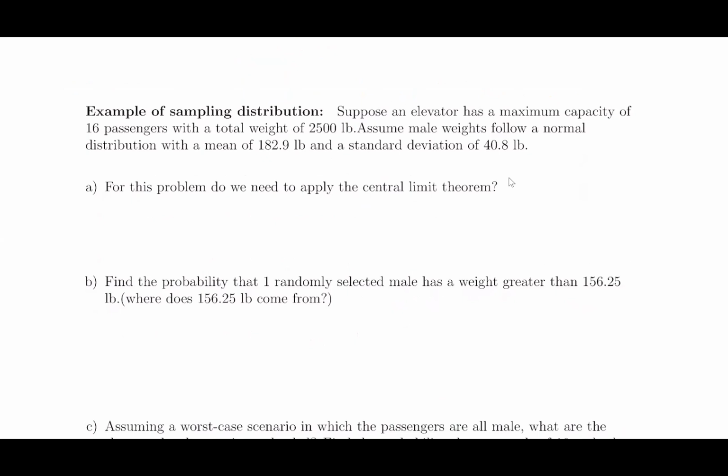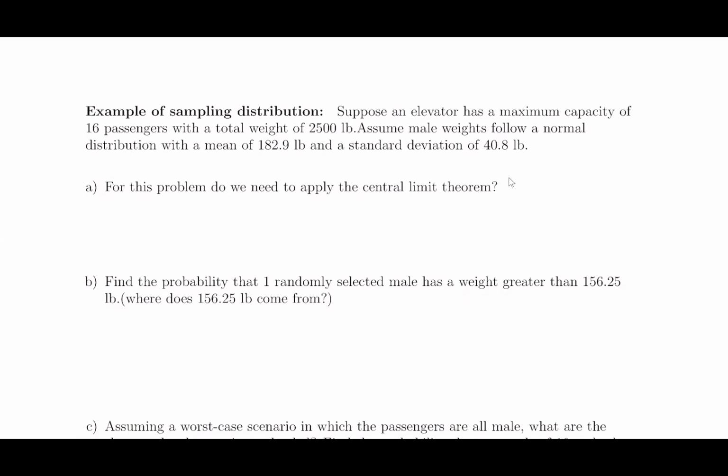It makes sense why they're using male weight versus female weight, because males tend to weigh more than females, and if they used female, they might make an elevator that can't withstand a male.